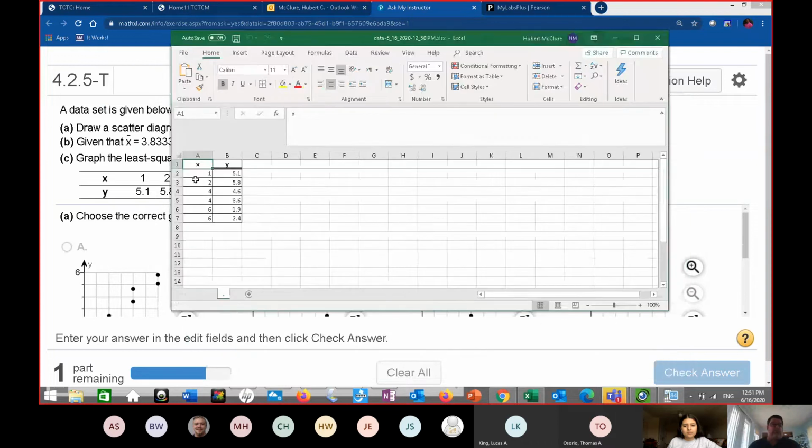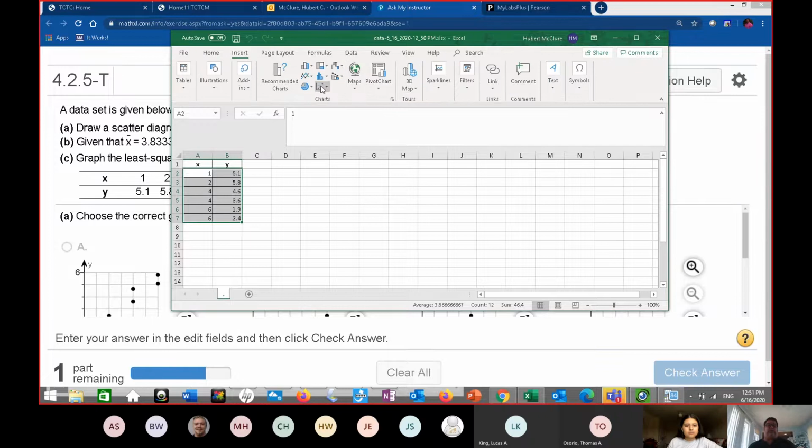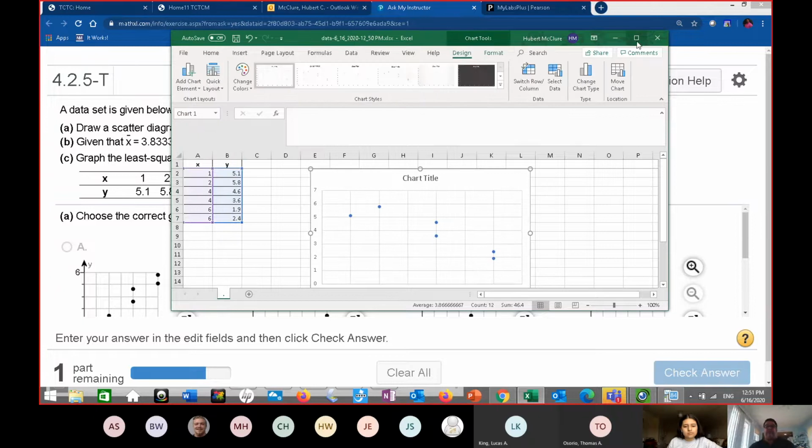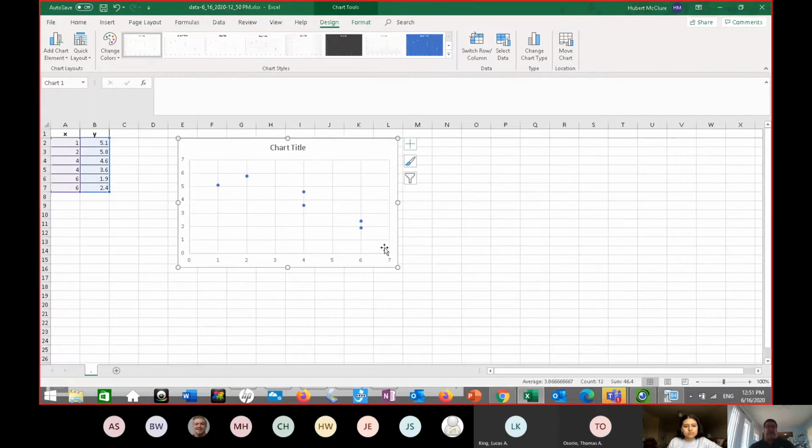All right, highlight those two, insert, and go to the stat plot. Okay, there's my drawing. Got a negative slope, negative correlation. Add trend line.